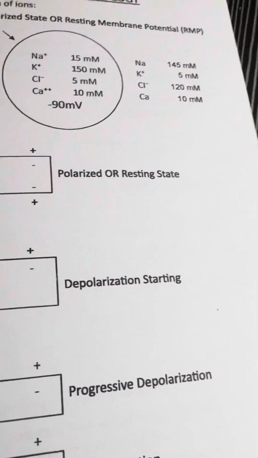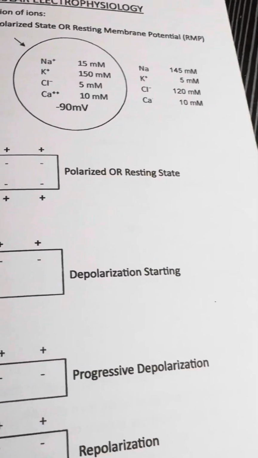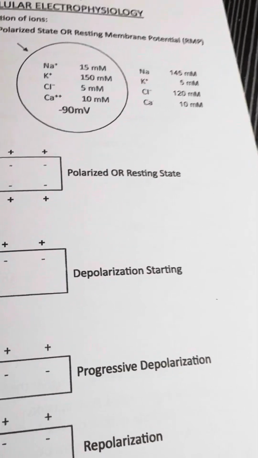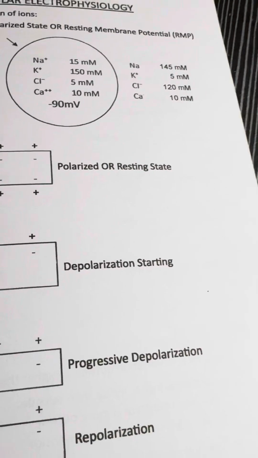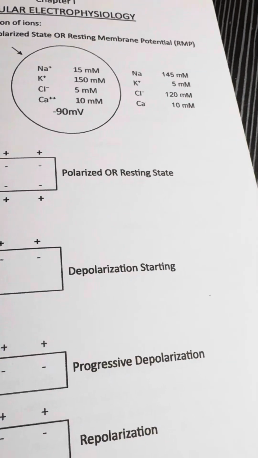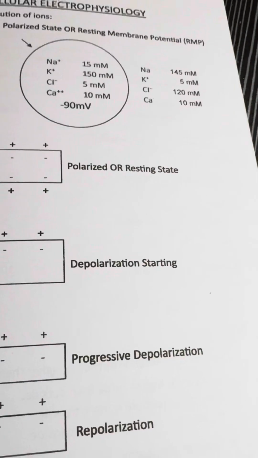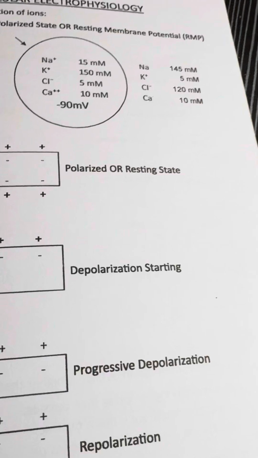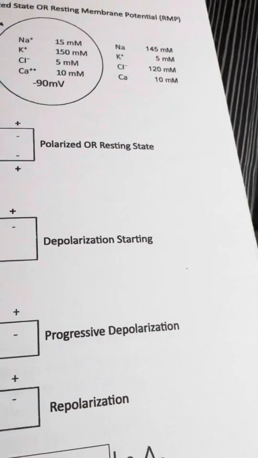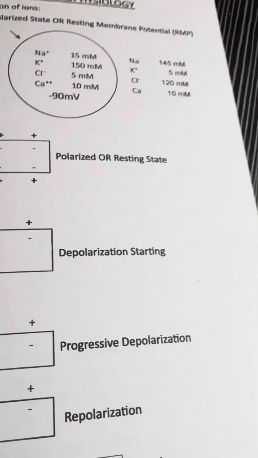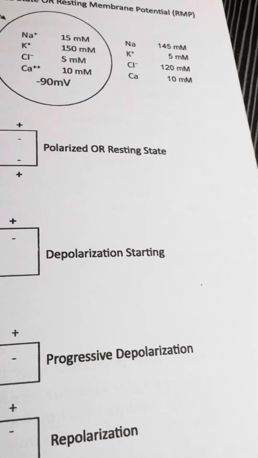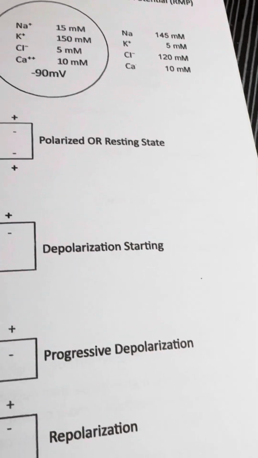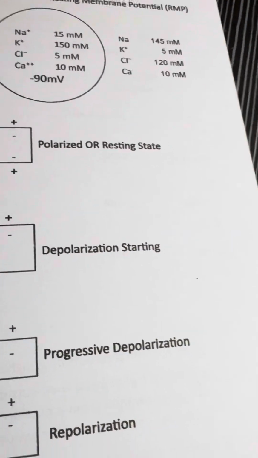The third most important explanation is that on the cell membrane there is a pump known as the sodium-potassium pump. It works with the help of ATPase, with energy from ATP, and pumps out 3 sodium and pumps in 2 potassium.